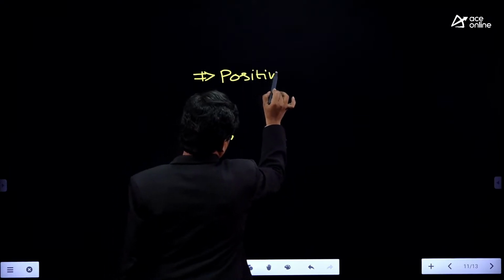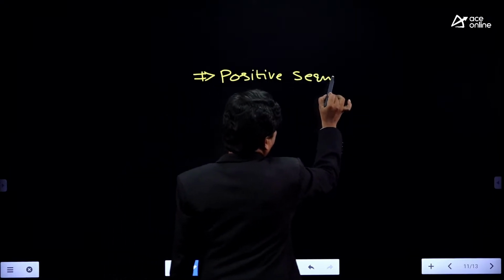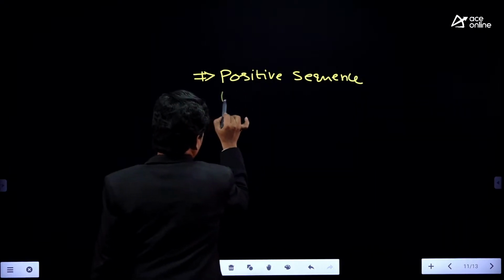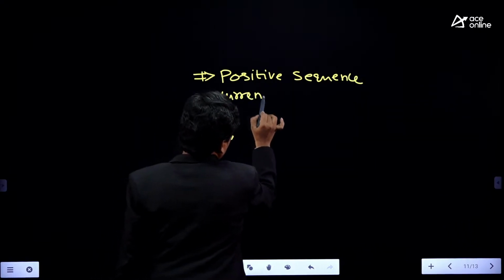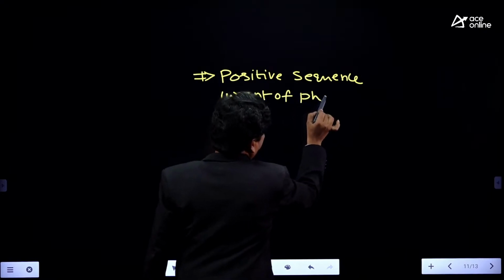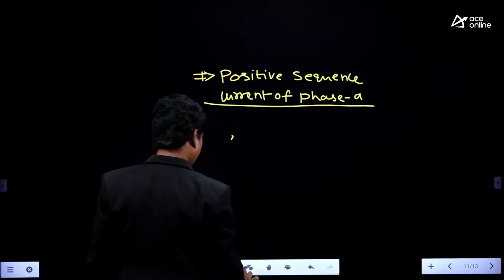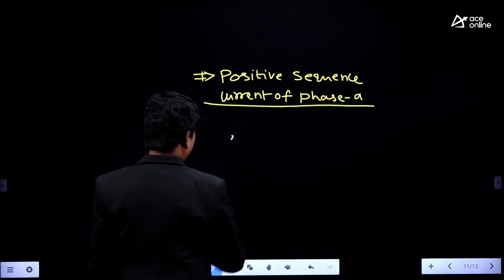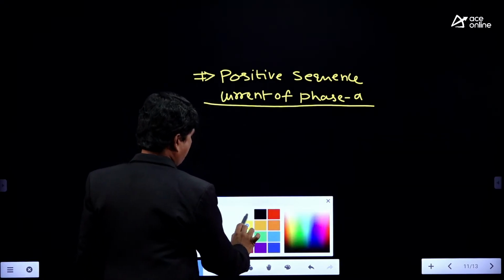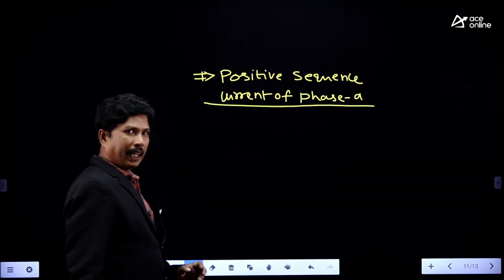If you see the positive sequence current of phase A, IA1 we need to calculate.